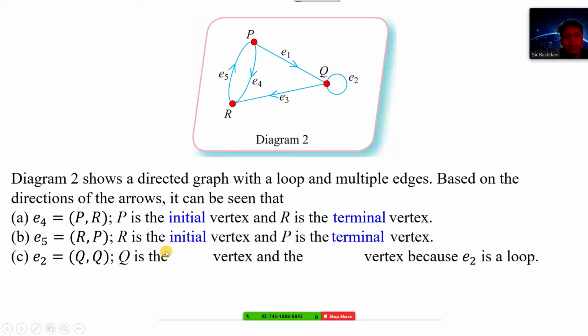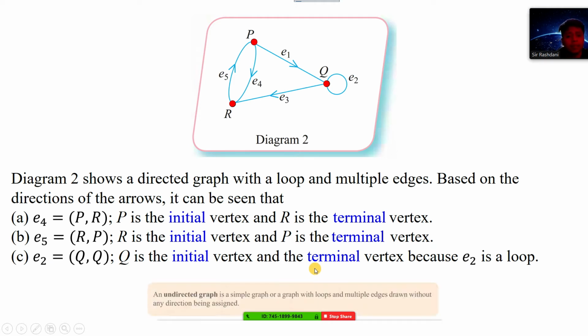So this means we start here and end up in here. Our initial vertex will be Q, and Q is also our terminal vertex because E2 is a loop. Remember that. When it is a loop, the point is both the initial and terminal vertex.